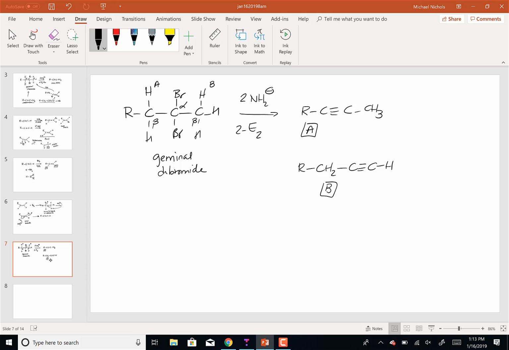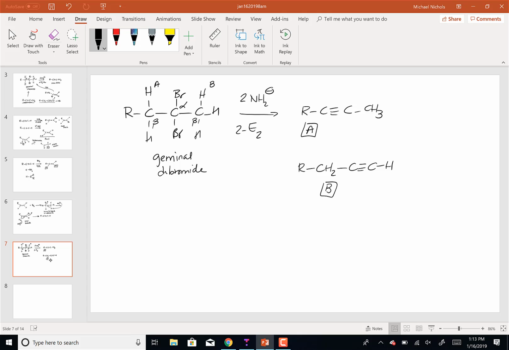Okay. And let's say these are both possible products, which they are. Again, E2 reactions: first thing, find all the possible alpha and beta hydrogens, and make sure those beta hydrogens can be antiperiplanar.